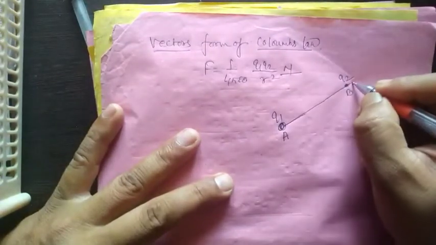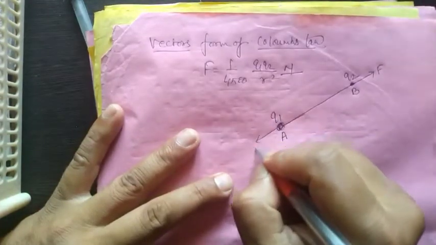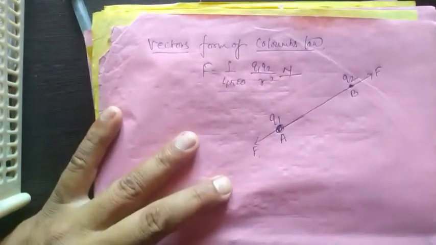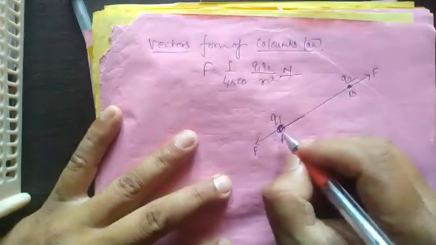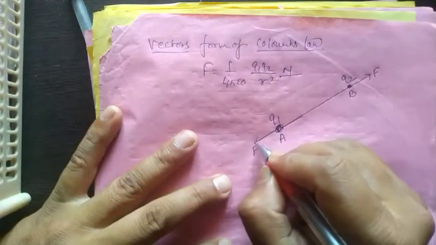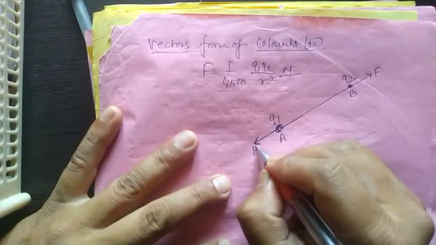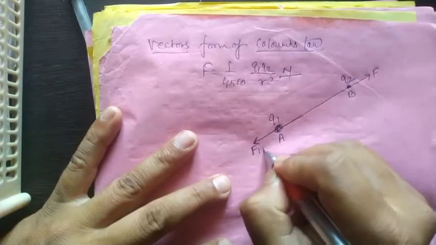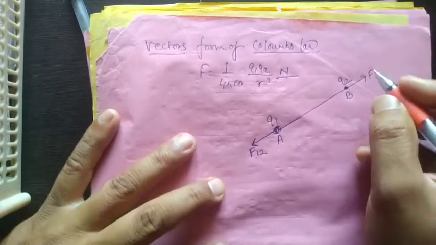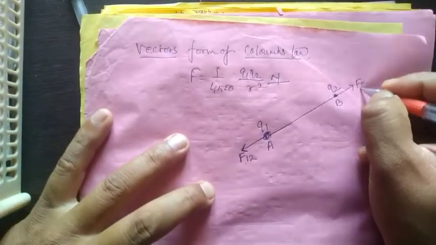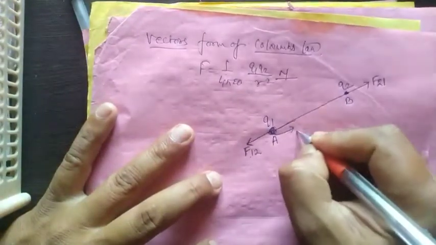The force on Q1 due to Q2 is F12 in this direction, and the force on Q2 is in the opposite direction.